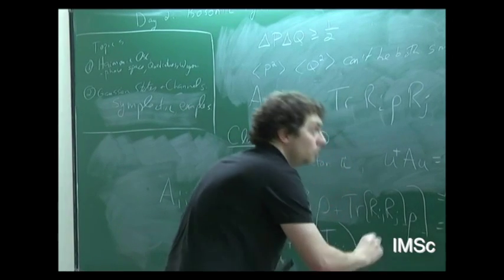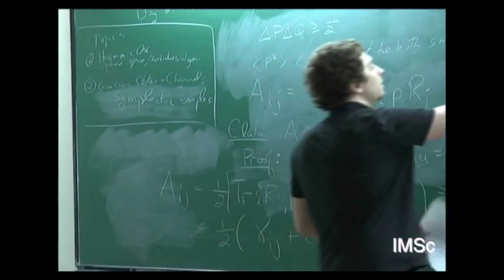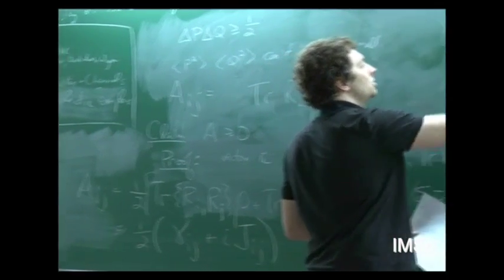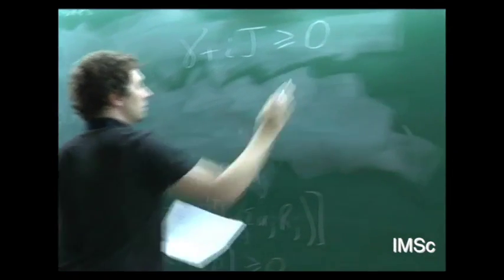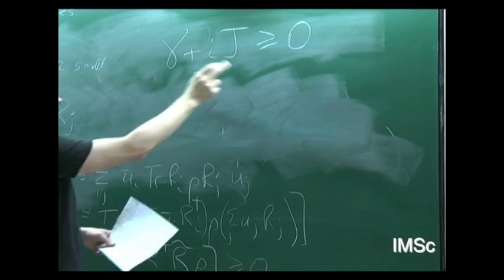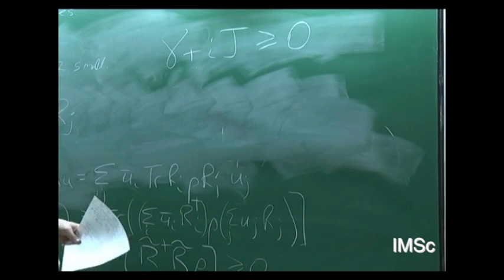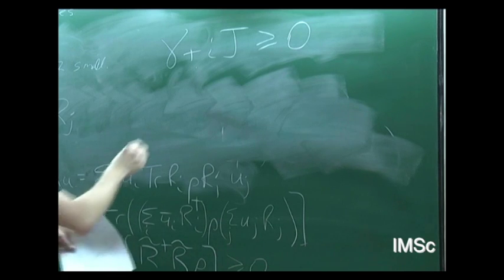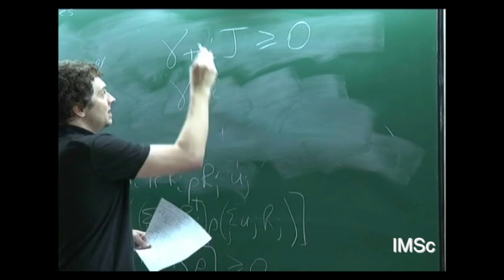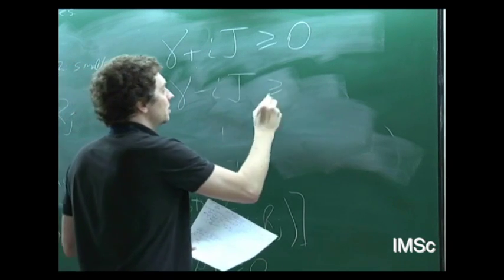So we also know that this gamma plus ij should be positive semi-definite. And actually, this thing here is Hermitian, which means it has real eigenvalues, which means this is equivalent to gamma minus ij should be positive semi-definite.